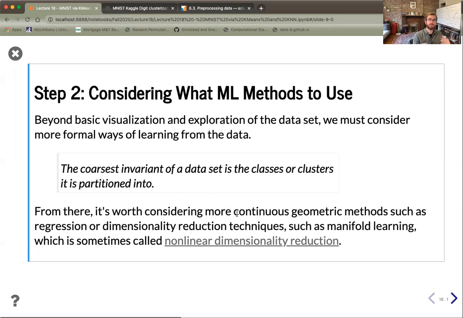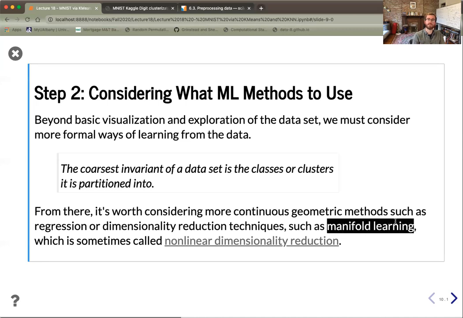Once you've done this, you can then move on to considering more continuous methods. Maybe I can figure out exactly what the shape of this data set is, which would amount to doing some sort of regression, or even, in its fancier, more unsupervised form, manifold learning.